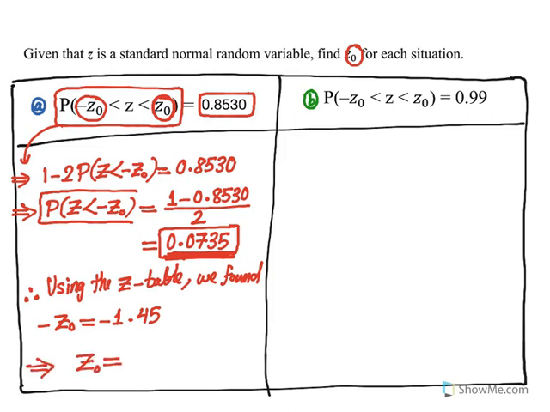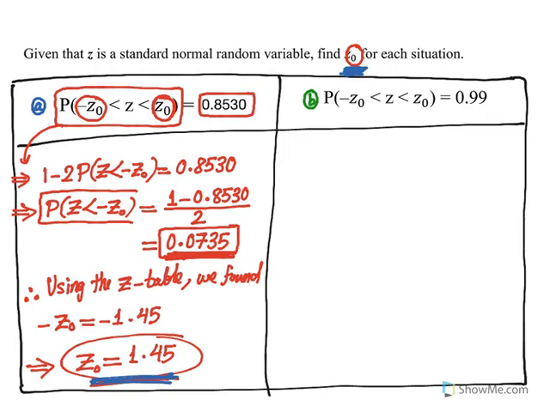Z0 is positive in this case, so it will be 1.45. Of course, you will use the positive one because they're asking you, look at the question again at the beginning, they're asking you to find Z0, not the negative of Z0. So that's why when we found the answer, we took its negative to get the answer that is required from us. So that's for part A.